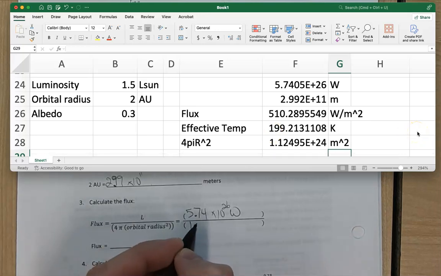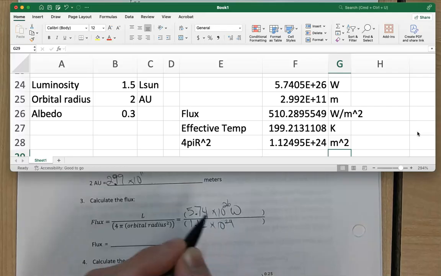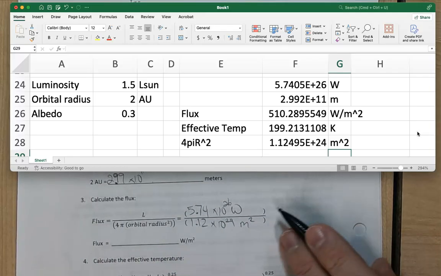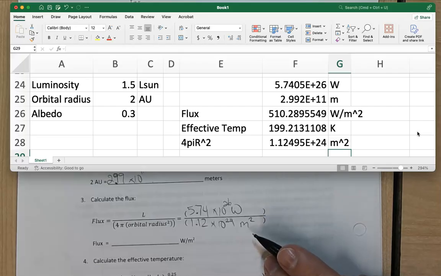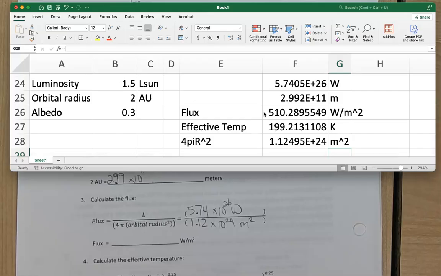So that's 1.12 times 10 to the 24. And again, you got big number on top divided by big number on the bottom. So when you divide them, your flux should be not too big of a number. The kind of flux you're looking for is hundreds to thousands.